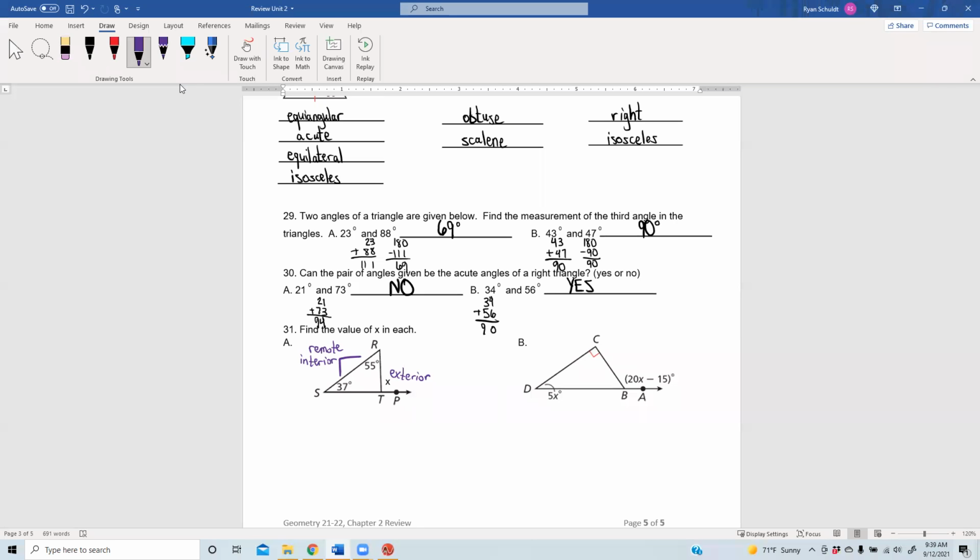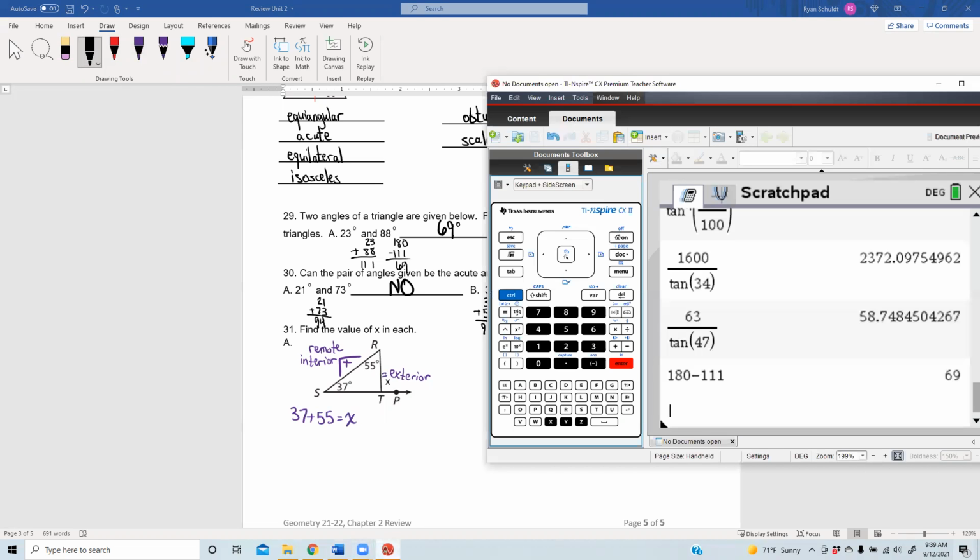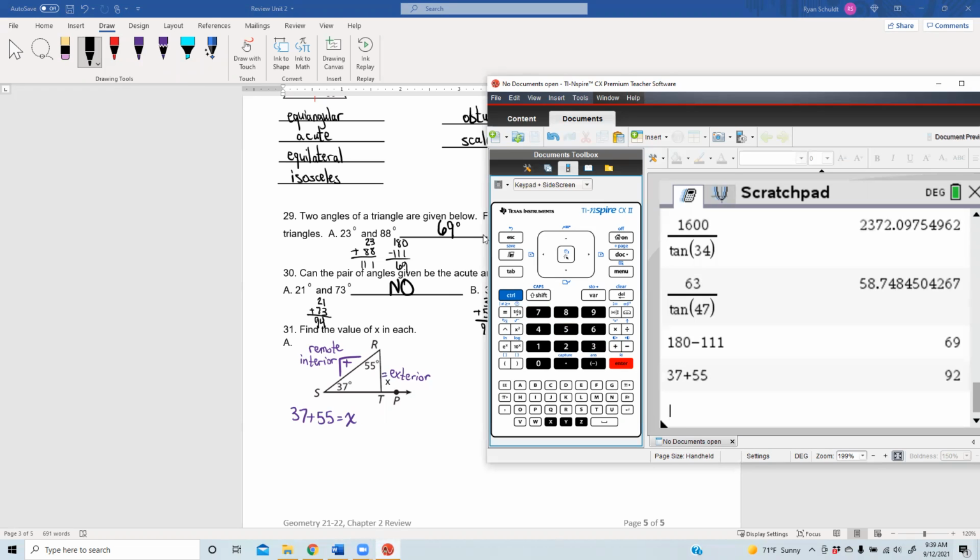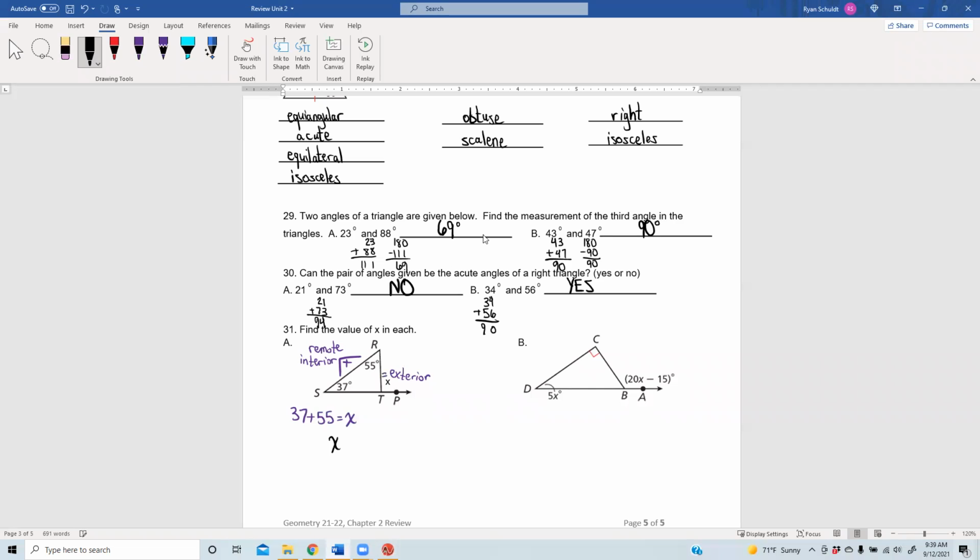The relationship is that if you add these two together, it equals your exterior. So 37 plus 55 equals x. 37 plus 55 is 92. So that means x equals 92.